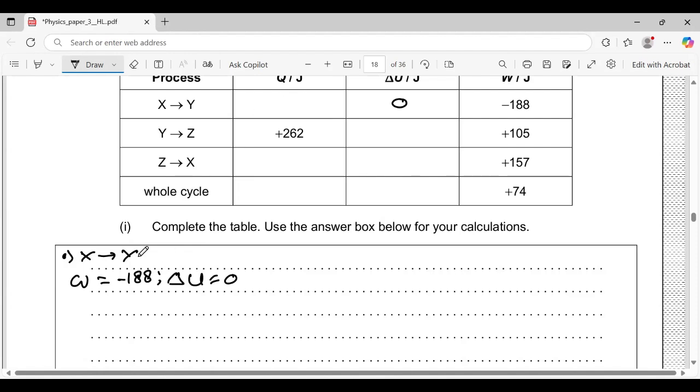Q equals delta U plus W, equals 0 plus minus 188, and it is minus 188. So minus 188 here. Now, Y to Z.